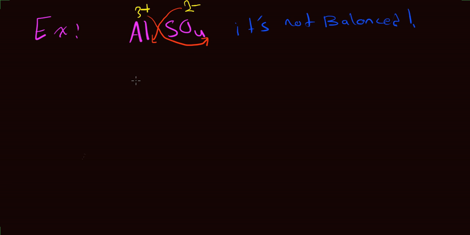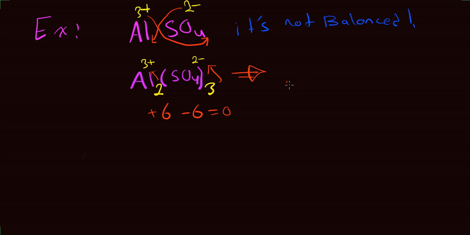In this case you use parenthesis in order to not be confused, so SO4 with 3 outside, because it is counted as one unit. 3 multiplied by minus 2 is minus 6, 2 multiplied by plus 3 is plus 6, so the result is equal to 0.